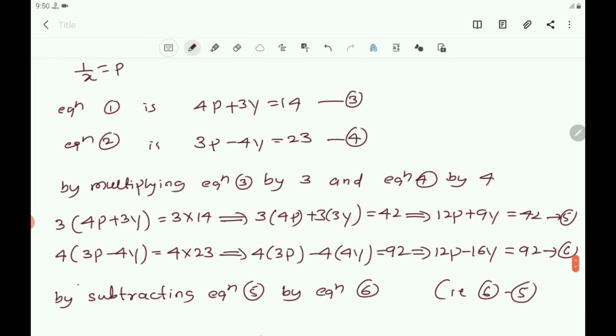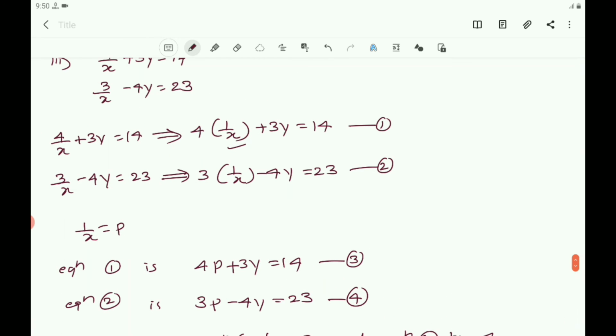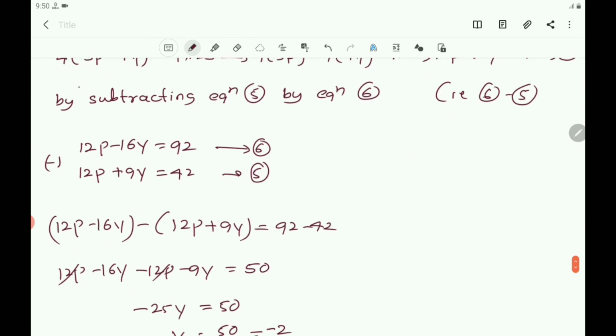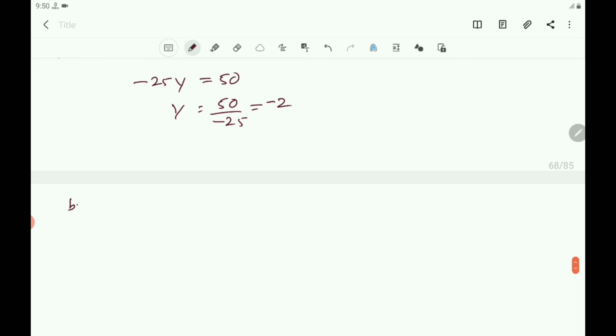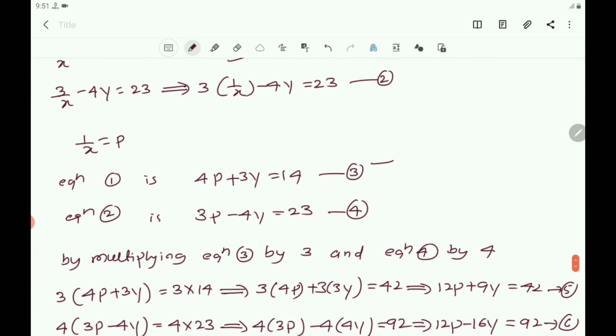Then by substituting the value of y, in which equation you are going to take, you take the third equation here. By substituting y equals minus 2 in equation 3, you can take any one of the equations.